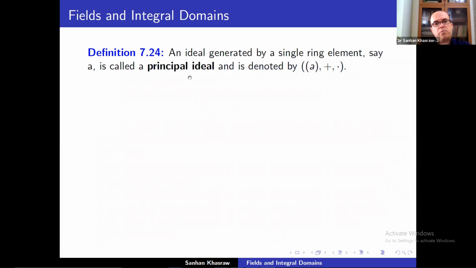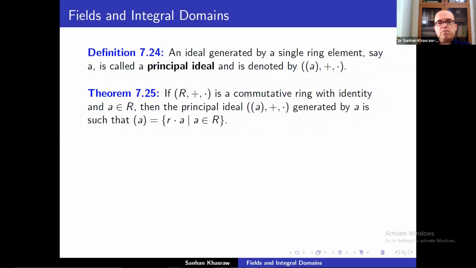There is a notion of a principal ideal. An ideal generated by a single element in a ring R is called a principal ideal. Likewise, in group theory, if we have a group generated by a single element, we call it a cyclic group. So here in ring theory, an ideal generated by a single ring element is called a principal ideal.